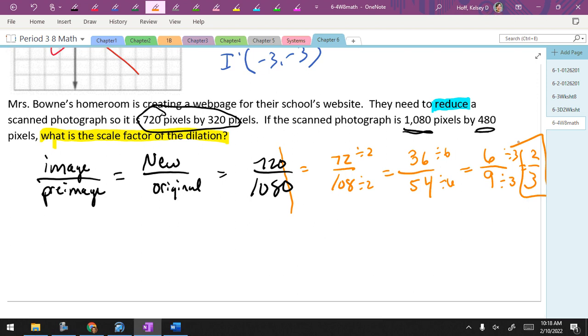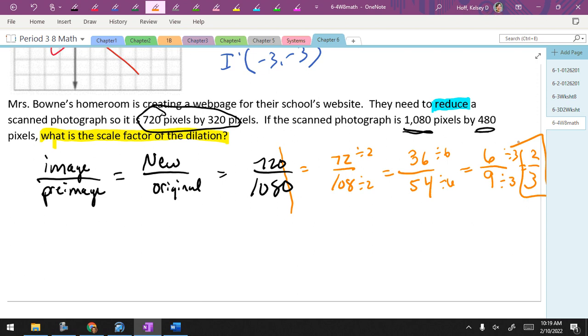So let me get this right. If I ever see a scale factor that's a fraction, I'm guaranteed it's a reduction. True or false? It is a trick question.